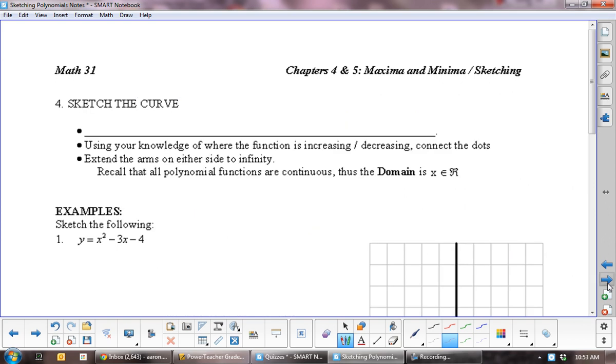Oh, and then sketch the curve. What do I want to say about that? Okay, so what kind of things do we want to put on? We want to put all intercepts. You want all turning points.